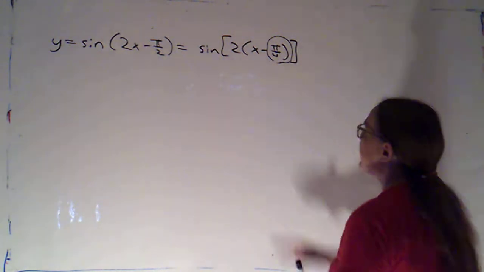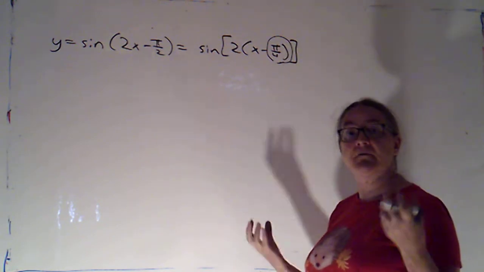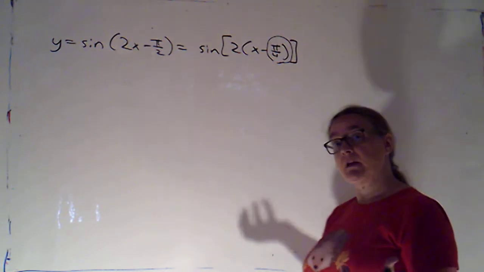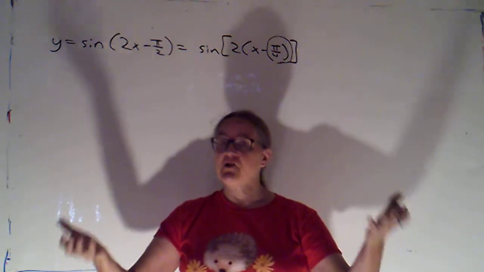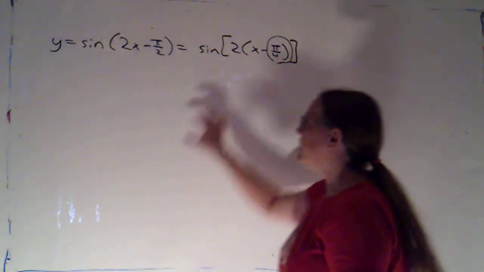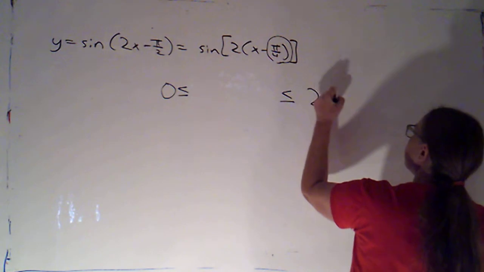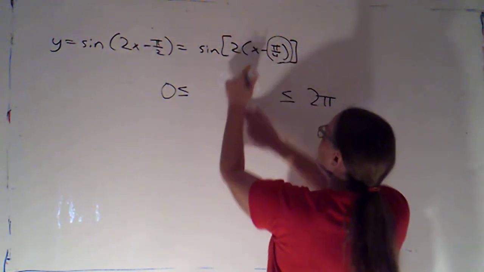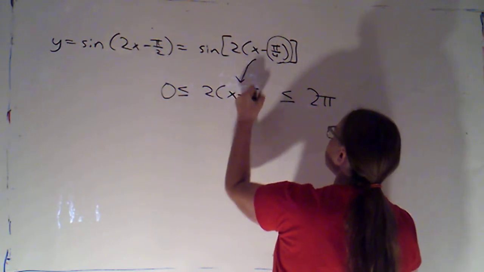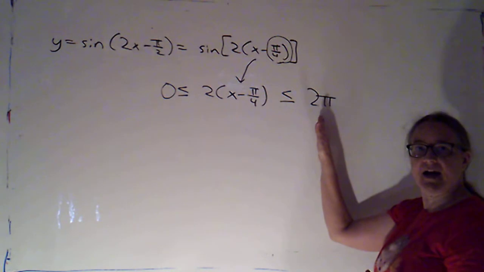Essentially, I know I'm taking sine of this thing. Well, I know that the period of the sine graph prior to any transformations is 2 pi. And what that means is that sine does its thing once over the interval from 0 to 2 pi. So this function is going to do its thing once as the input to sine, that 2 times x minus pi over 4, varies from 0 to 2 pi.